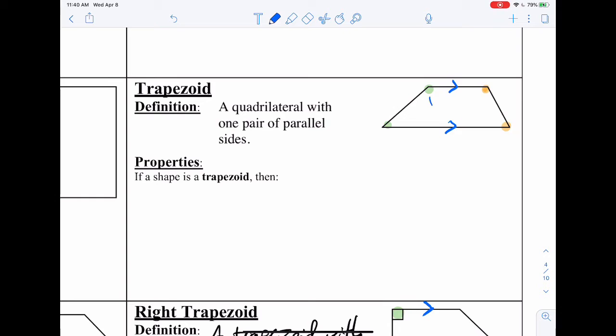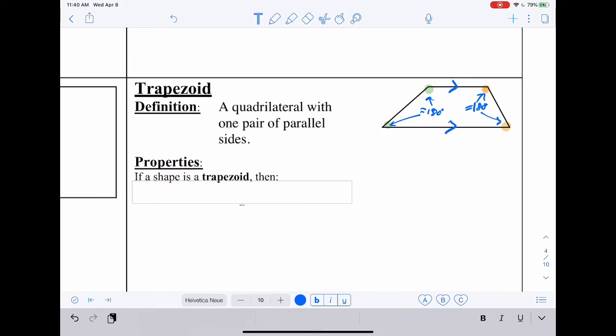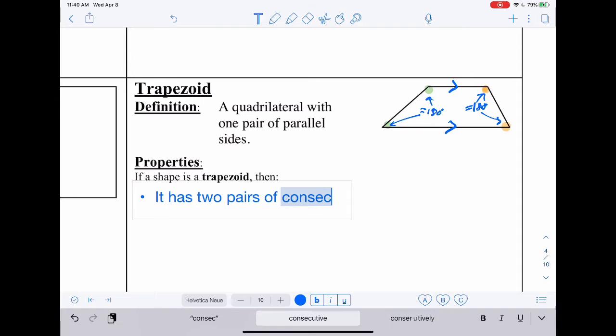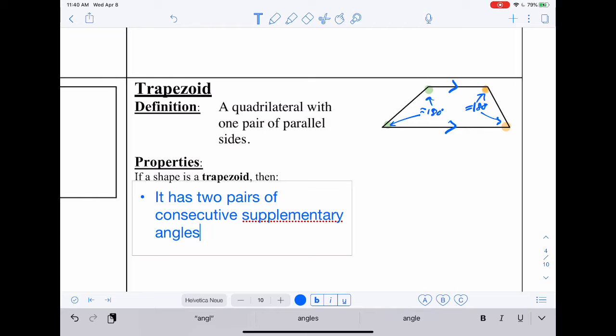Hopefully you identified that because those sides are parallel, those are supplementary, same side interior or consecutive interior angles. So let's add that below to our properties. If a shape is a trapezoid, then it has two pairs of consecutive supplementary angles. Great.